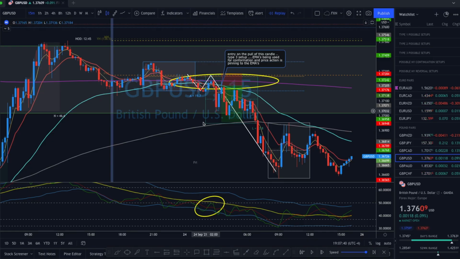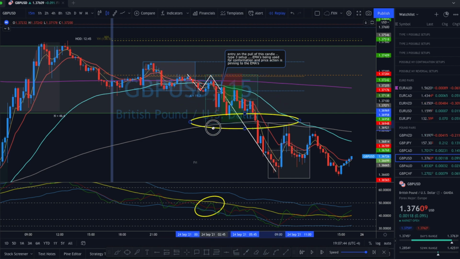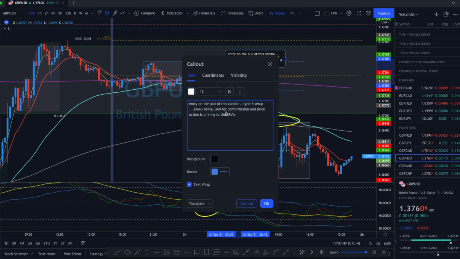And then literally for the other one, you can just move the ellipse down here like this. And then just change this being used for take profit. And there was a 200 EMA. Take profit on the 200 EMA.